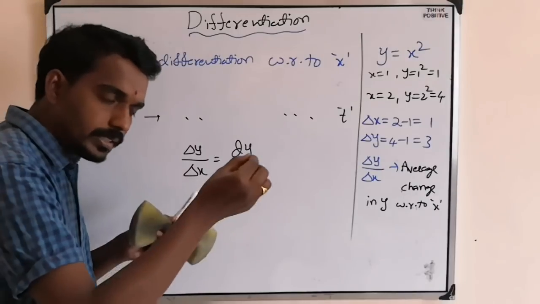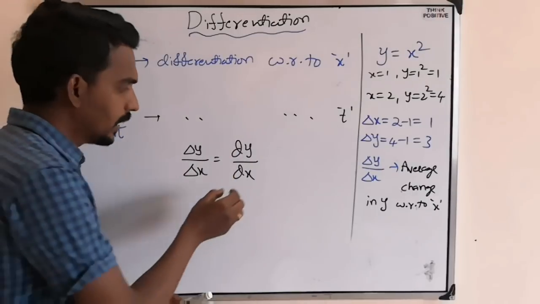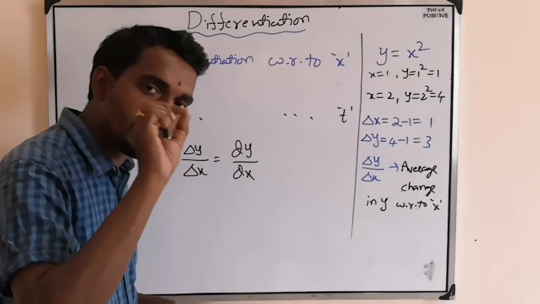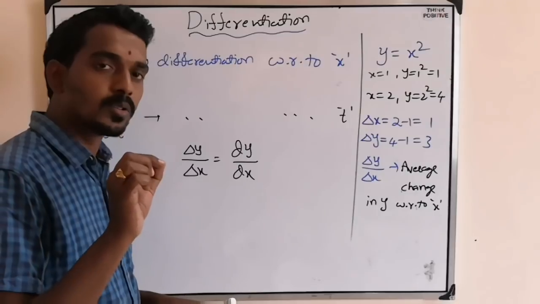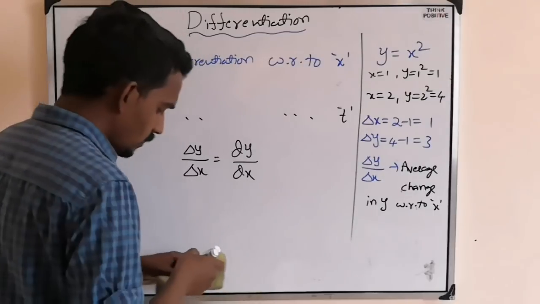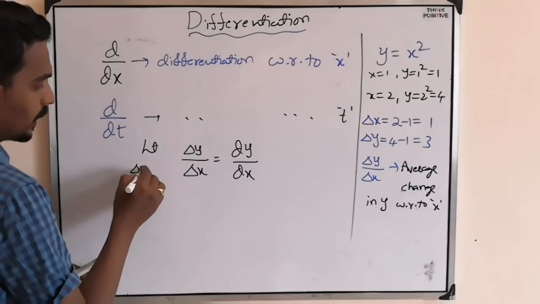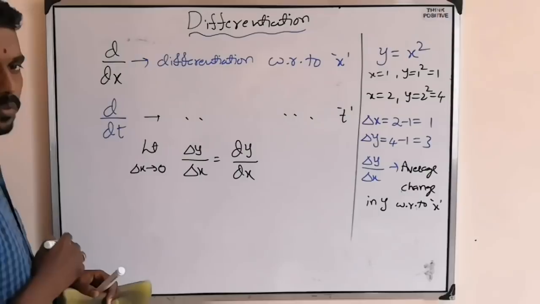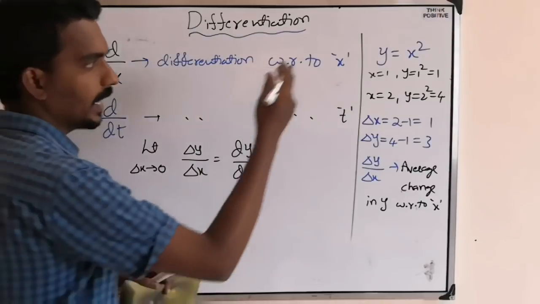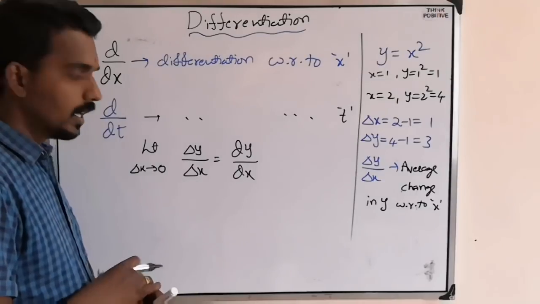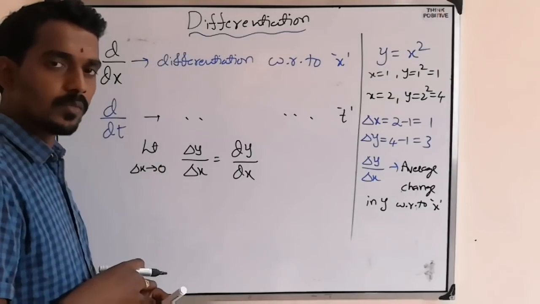Delta x is a big, considerable change. dx is a very small change, almost zero. That means under the condition when delta x tends to 0, like when x changes by 0.001, then what is the corresponding change in y?